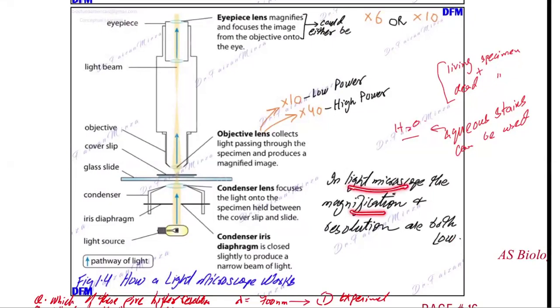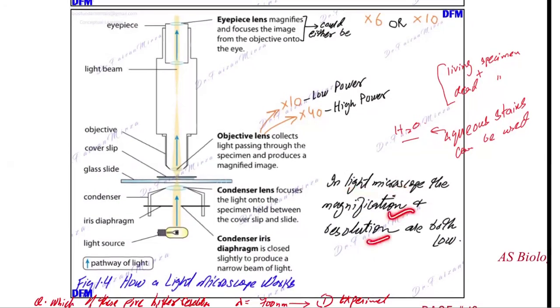This is the detail of the light microscope. We know that the light microscope, which is used to study the animal cells or plant cells we have discussed, has low magnification and low resolution. Magnification means enlargement of the object in the image, how much the image is enlarged compared to the object.